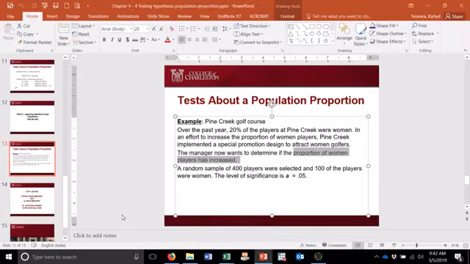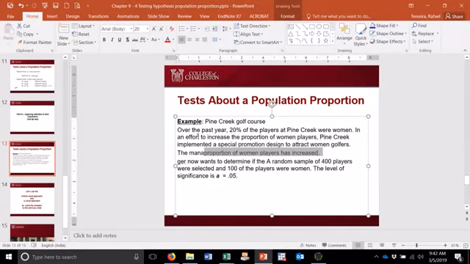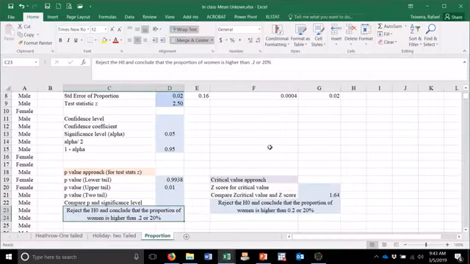And if you go back to the problem, it says that there was an effort to increase the proportion of women. They implemented a special promotion. Okay, so if you are the manager, if you made this effort, if you made this campaign, this promotion, you should be happy because it worked. This is what you have to tell in your meeting with the director.